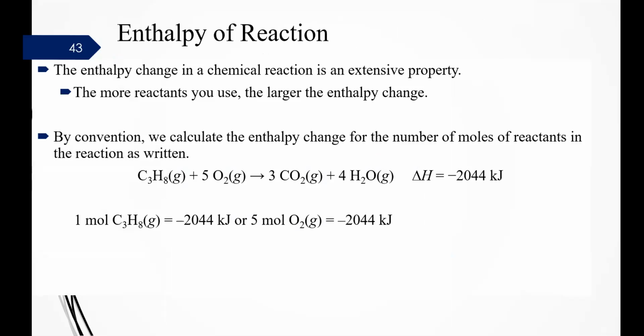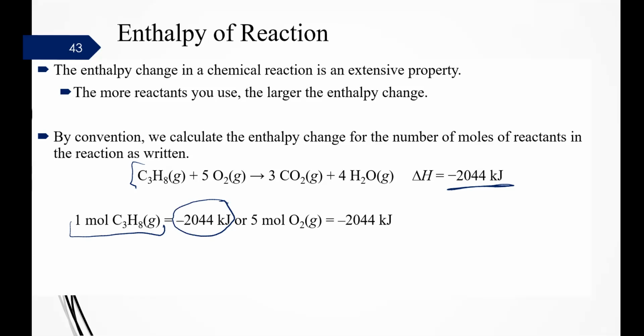So when we write out something like this, the interesting part about it is that while this whole reaction has this many kilojoules, you can also think about it as being related to each of our different reactants. So this energy, 1 mole of C3H8 gives away negative 2,044 kilojoules of energy per mole when it gets combusted, right? When it gets burned with oxygen.